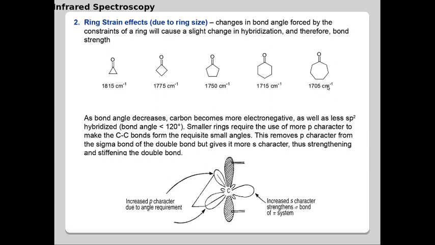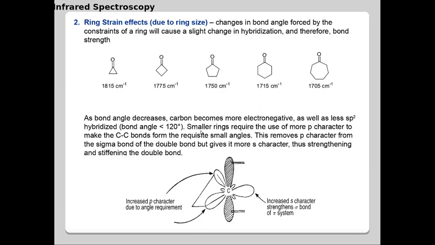decreases. Okay, so this in fact is an effect caused by the ring strain as we go from the large size rings towards the smaller size rings. So what happens here is that as we go from the large size rings towards the small size rings, in order for the carbon-carbon sigma bonds, if you identify the carbon-carbon sigma bonds which contain the carbonyl carbon as the middle carbon here, to form a smaller bond angle as it goes all the way from larger rings to smaller rings, the carbonyl carbon atom, which is sp2 hybridized here, should become less sp2 hybridized.